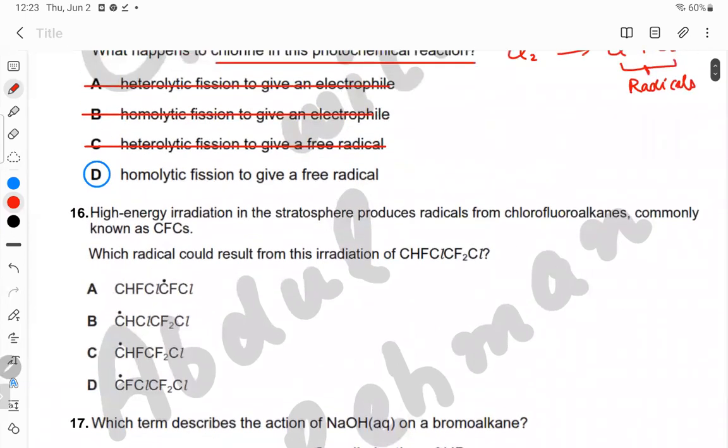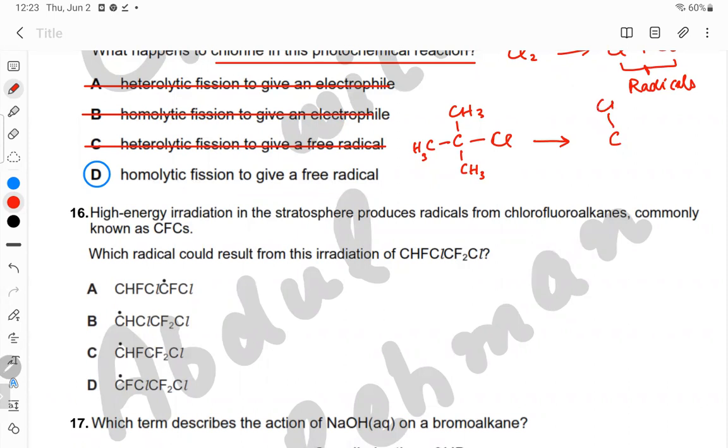See, for example, if you recall this mechanism, when a tertiary alkyl halide reacts, the first step is the heterolytic breaking of the tertiary alkyl halide to form a carbocation.